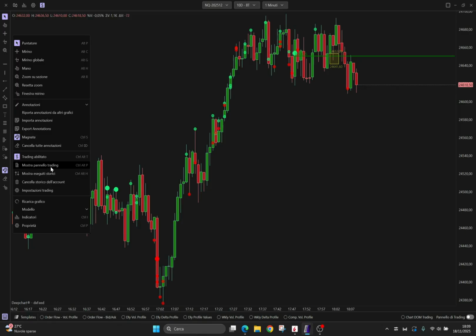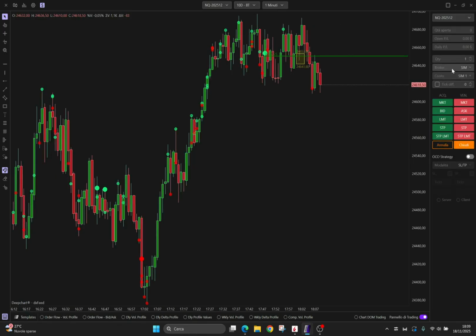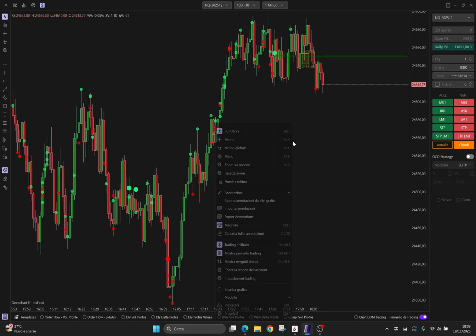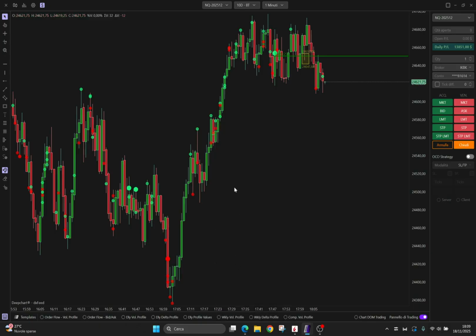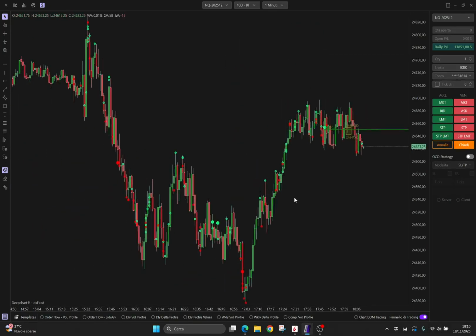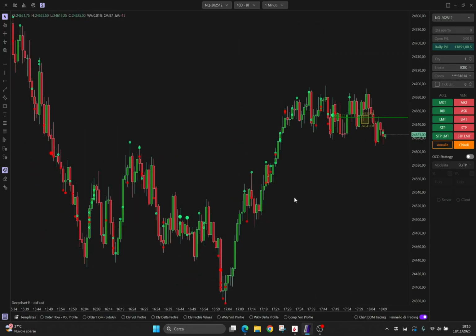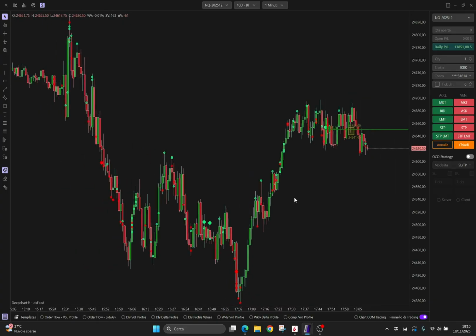So you can go here. You can go on interactive and you can go on the scalping account. Okay, this is my scalping account with the daily profit, and you have everything. If you want to activate also the execution for the day, you can activate also the single execution that you made.